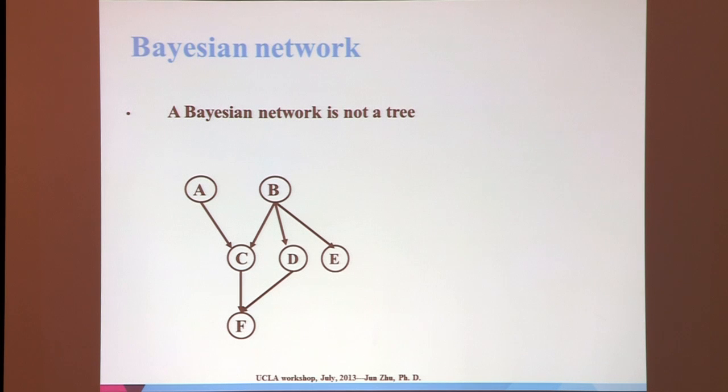Then it's a condition that, say, in this form we're talking about this regulation, right? This link, then A is the parent, C is the child. But if you're talking about this direction, then yeah, C is the parent, F is a child. So when we talk about children and parent, we really talk about a specific link, regulation.